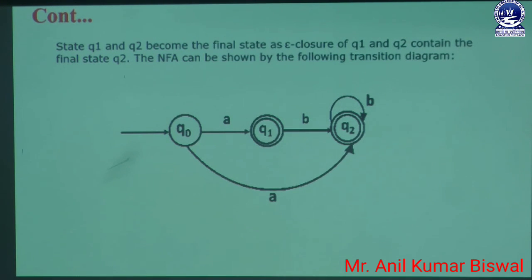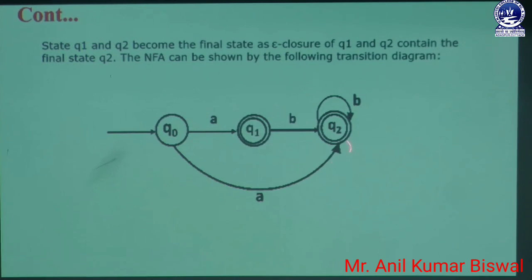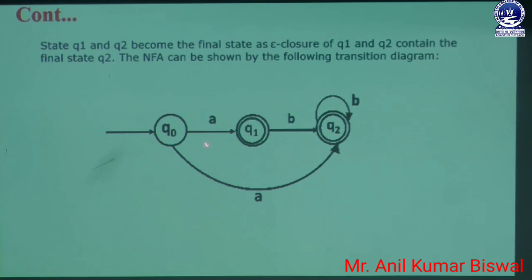That means here we are getting an NFA, which is created without any epsilon part. So if this diagram is created, then we get a chance to convert this NFA without epsilon transitions to a DFA, which will be discussed in your next session or next class.